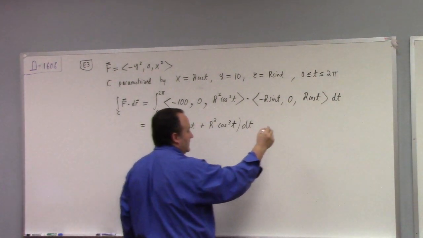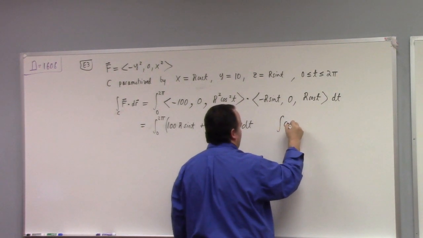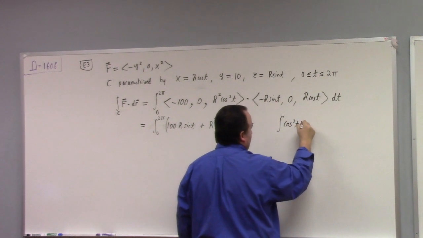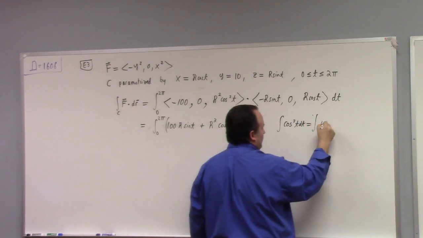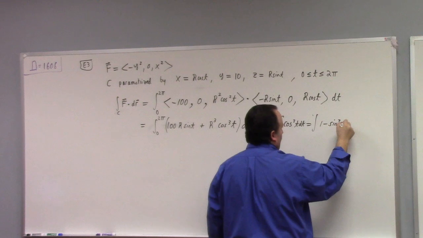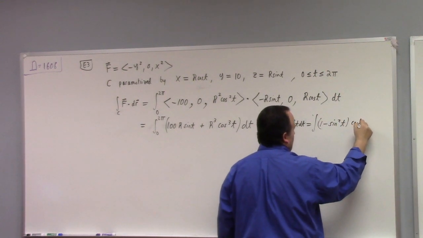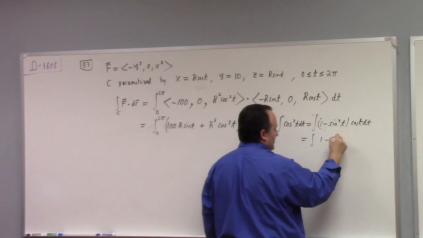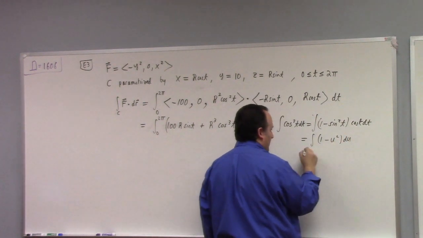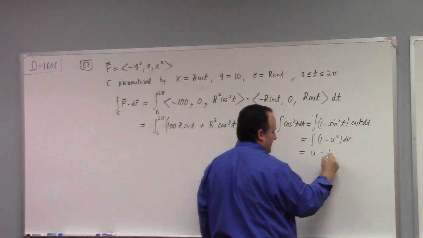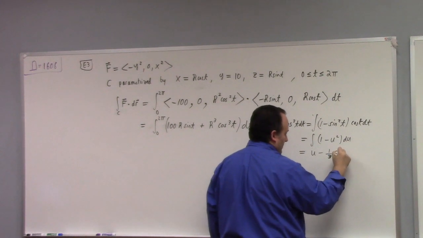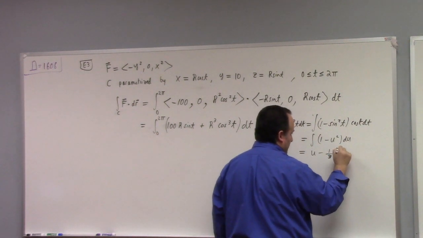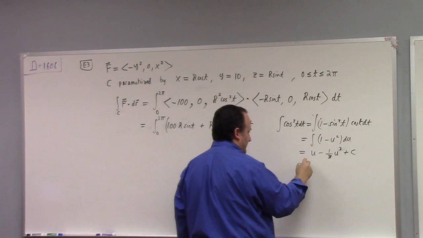Fine. Guess you guys can make me do everything here. The integral of cosine cubed t dt is the integral of 1 minus sine squared t times cos t dt, which is the integral of 1 minus u squared du, which gives me u minus 1/3 u cubed plus a constant, where my u, of course, was sine.